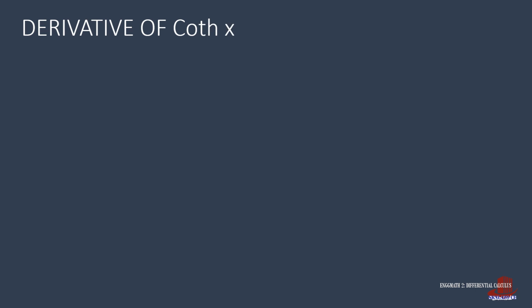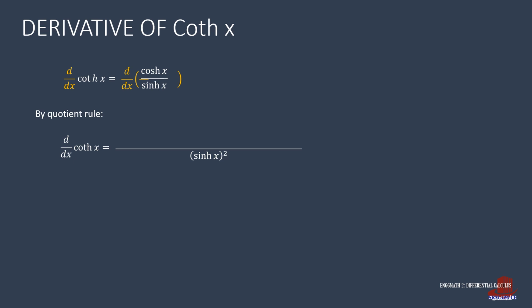Hyperbolic cotangent is also taken as hyperbolic cosine over sine. Taking the derivative of the ratio requires quotient rule, where the denominator is the square of hyperbolic sine. The numerator then observes low d high minus high d low pattern, starting with hyperbolic sine times the derivative of hyperbolic cosine, then subtract hyperbolic cosine times d of hyperbolic sine.